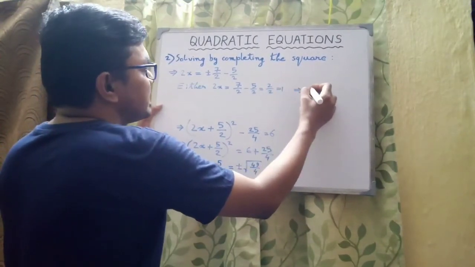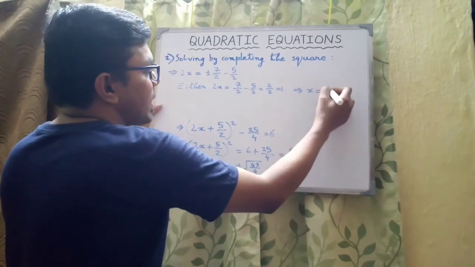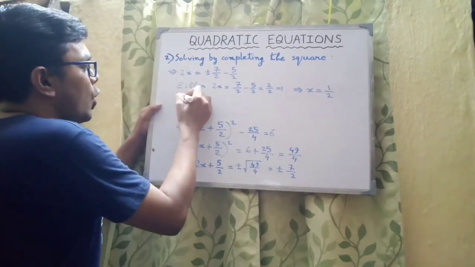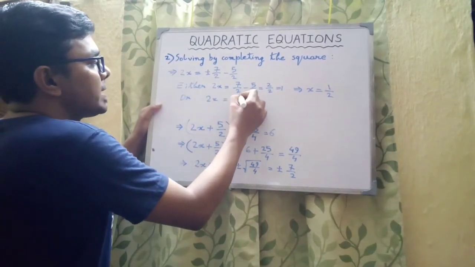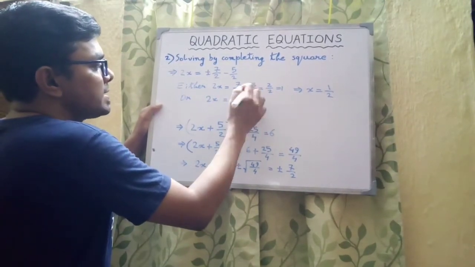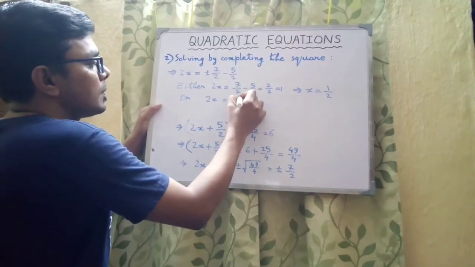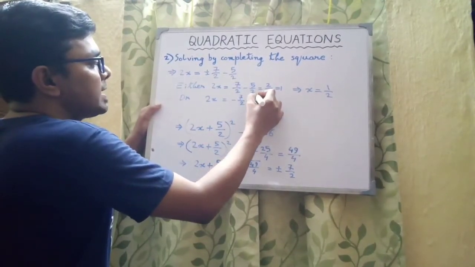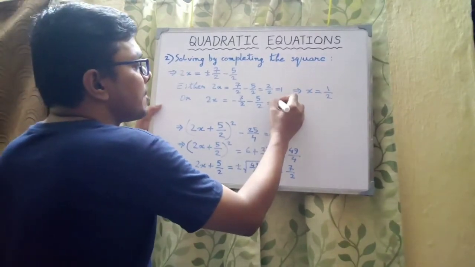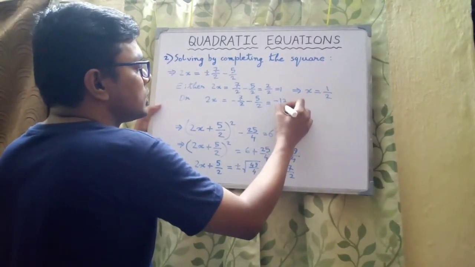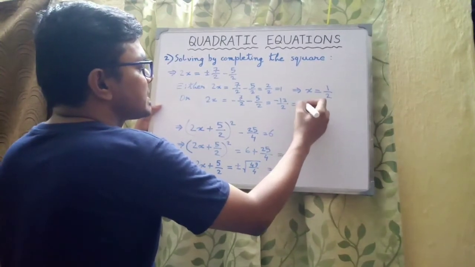Implies that x equals to 1 by 2, or 2x equals to minus 7 by 2 minus 5 by 2, that equals minus 12 by 2, that equals minus 6.